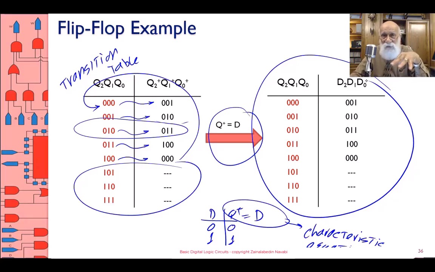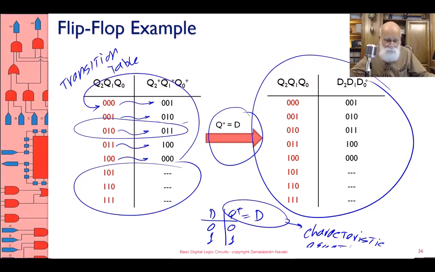It defines the combinational part of my circuit. It defines, based on Q2, Q1, Q0, what I want for D2, D1, D0. So what I have here is a truth table for 3 outputs, D2, D1, and D0. So that looks like any truth table.